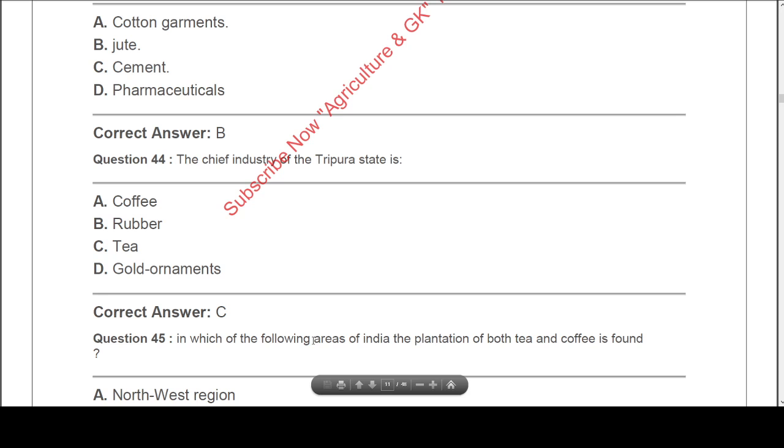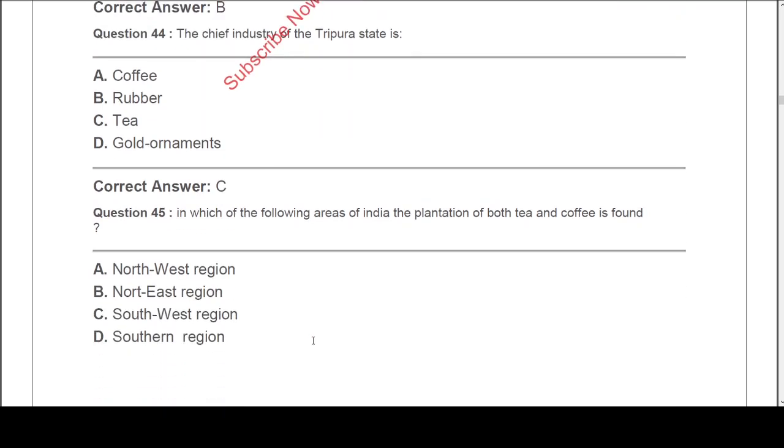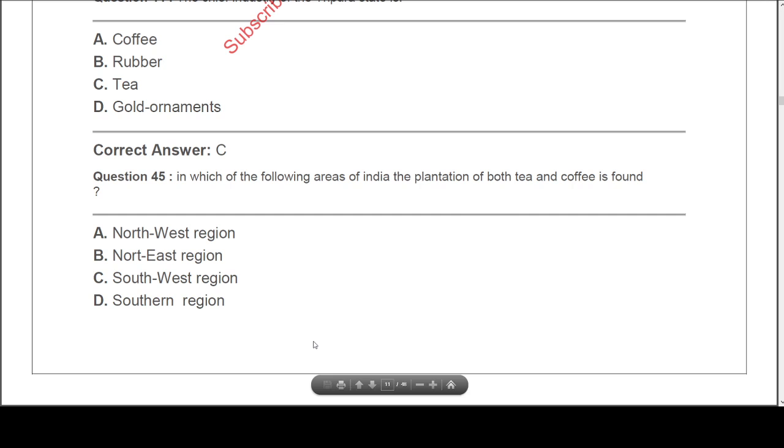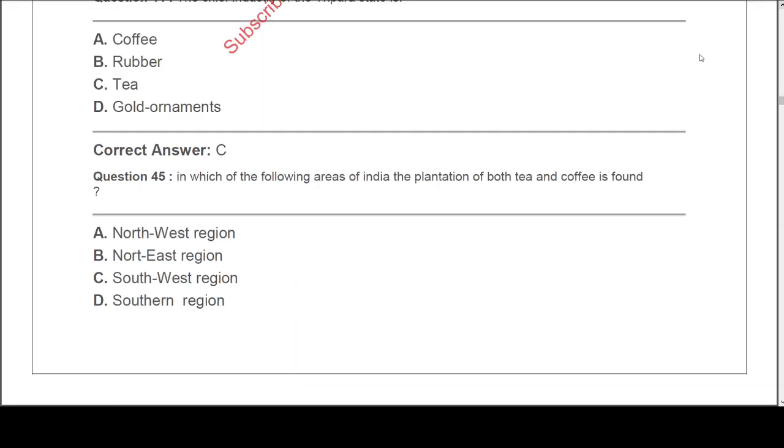The chief industry of Tripura state is option C, it is tea. You can remember T for tea, that is Tripura for tea. In which area of India is the plantation of both tea and coffee found? It is option C, that is southwest region.